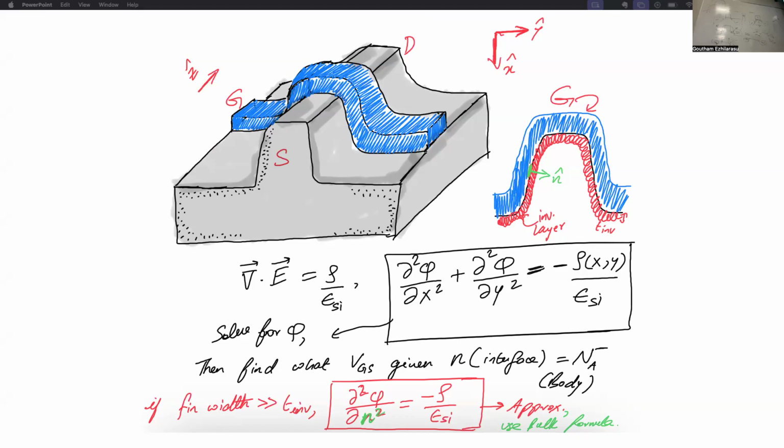But if your fin was very narrow, right? Then the way usually people do it is you need to solve Poisson's equation in this cross section, calculate what your potential distribution is, and then from that calculate the total charge and divide that by Cox to calculate your threshold, right? And this can get very, very complicated.